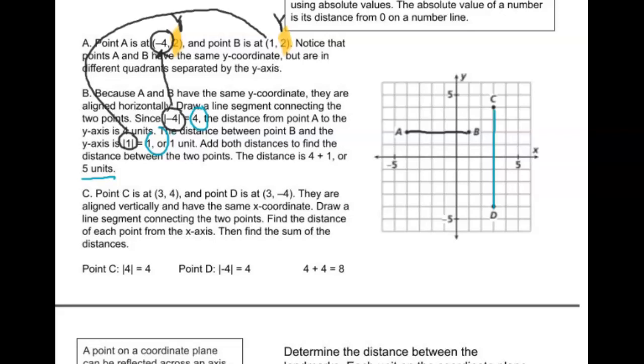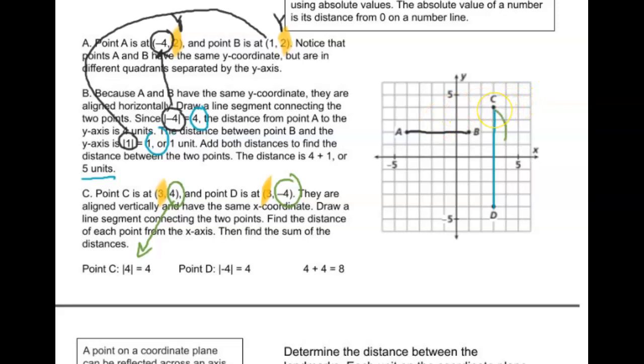So if I look at my numbers this time, the first ones, which are the x's, are the same. So we're not going to look at those. We're going to look at the y. So if I look at my y, I have a 4 and a -4. So I'm going to take that 4 from point C and find the absolute value of 4. The absolute value of 4 is 4.